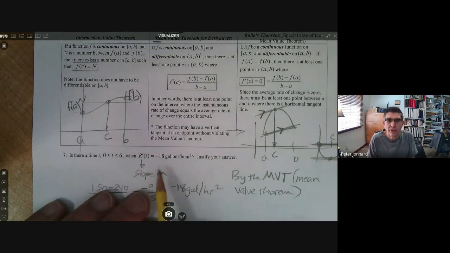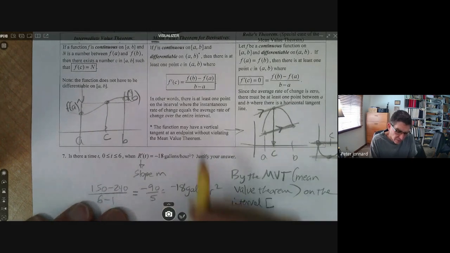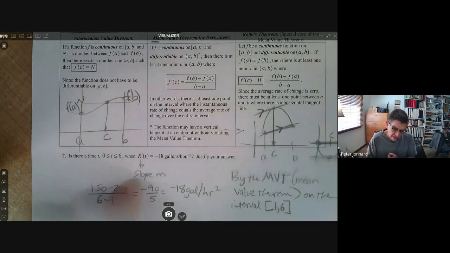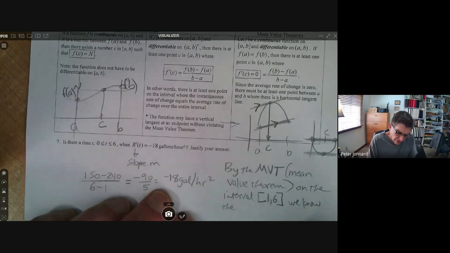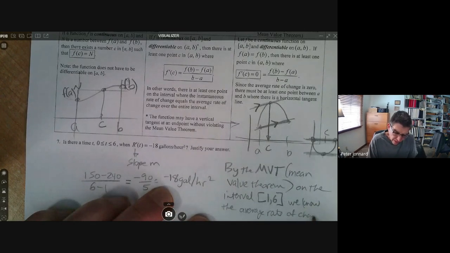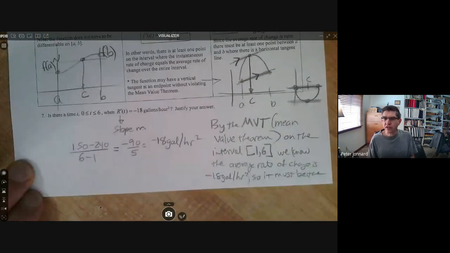And then the subinterval, by the mean value theorem on the interval from 1 to 6, we know the average rate of change is negative 18 gallons per hour.